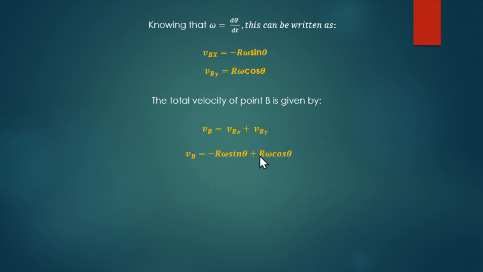What remains is VB is equal to R omega. So we can prove that the velocity of B is equal to R omega, or R times the rotational motion about a fixed axis.